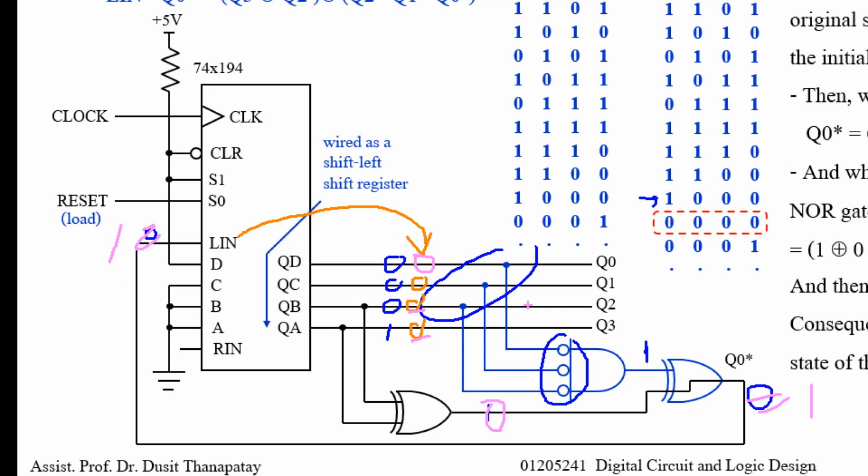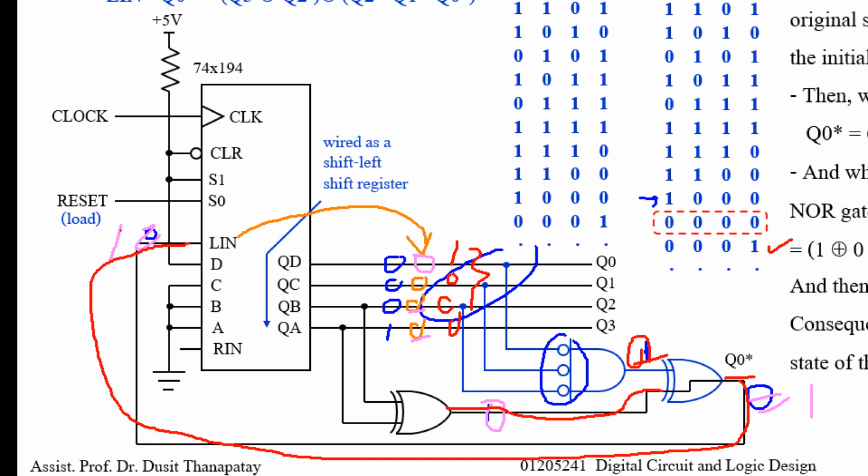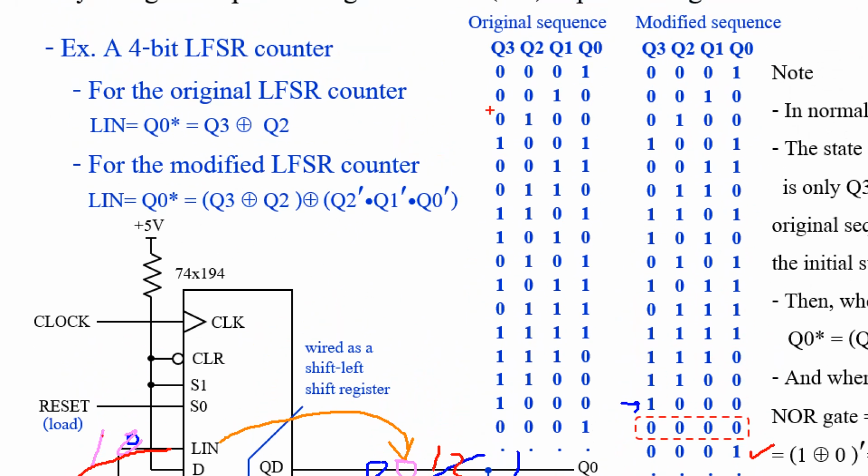That means when the clock ticks, copy this 3 bit, which becomes 0, 0, 0, and 1 is added here, becoming this state. And now, when this 3 bit is not all 0, this output becomes 0. 0 XOR anything is still that thing. Nothing changes. So after that, the sequence goes back to the original one.